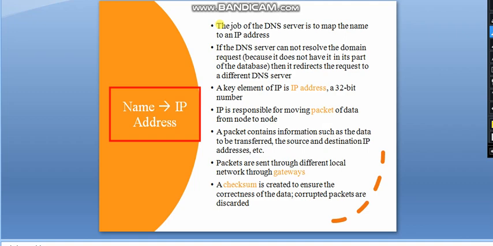A key element of IP is the IP address, a 32-bit number. IP is responsible for moving packets of data from node to node. A packet contains information such as the data to be transferred, the source and destination IP addresses, etc. Packets are sent through different local networks through gateways. A checksum is created to ensure the correctness of the data. Corrupted packets are discarded.